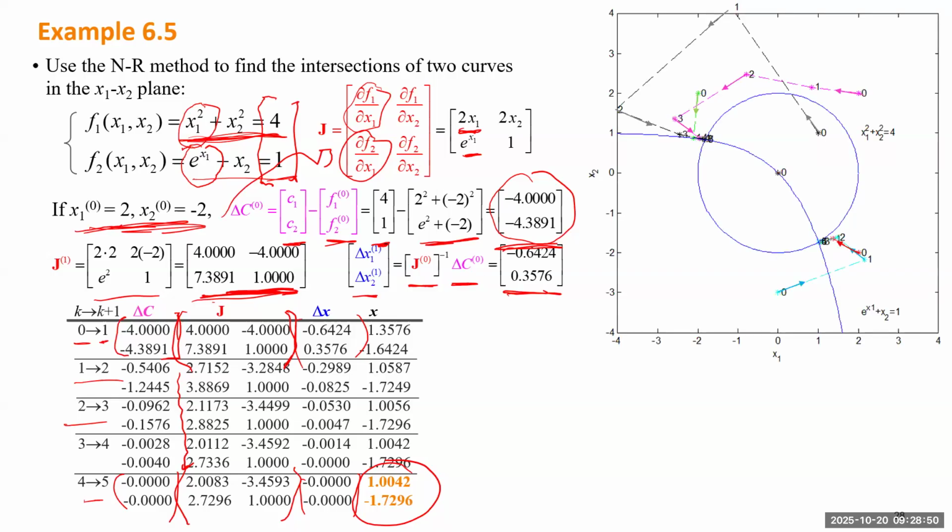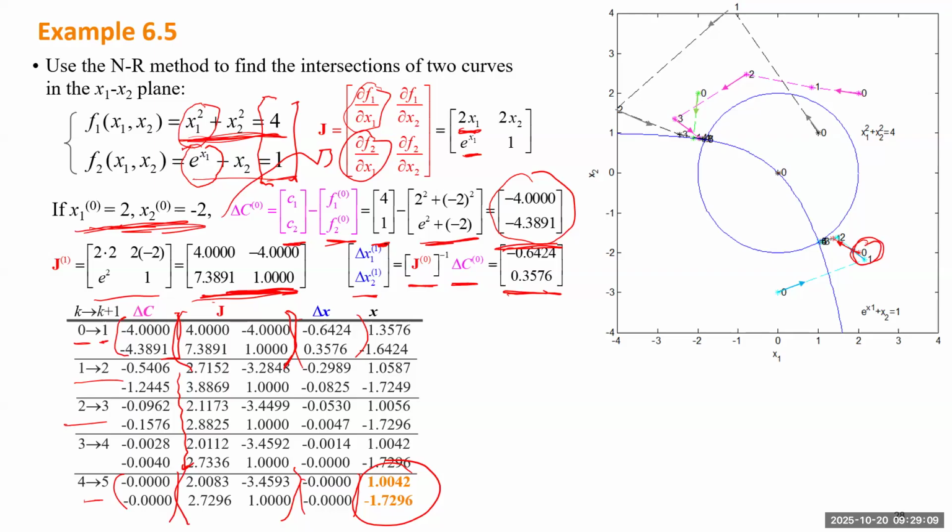So if you visualize what happened, that indicates the curve starting from the initial guess. We have S1 equals 2, S2 equals -2, which actually starts from here.